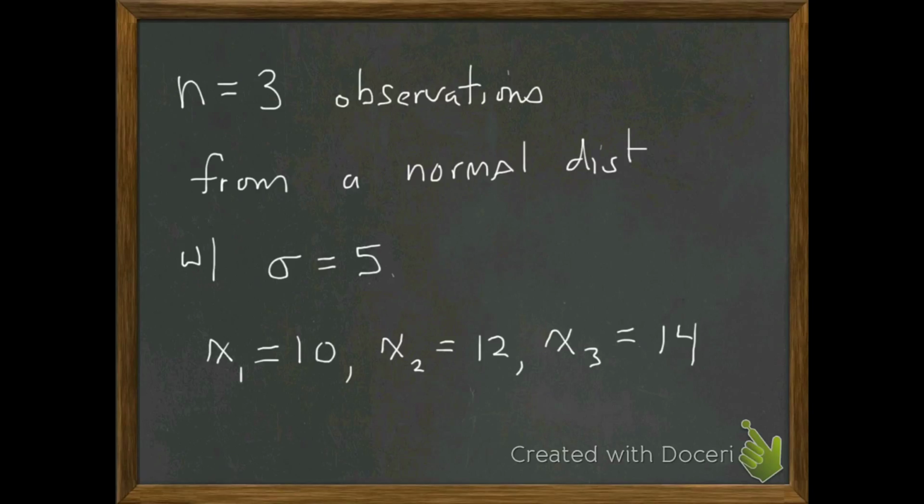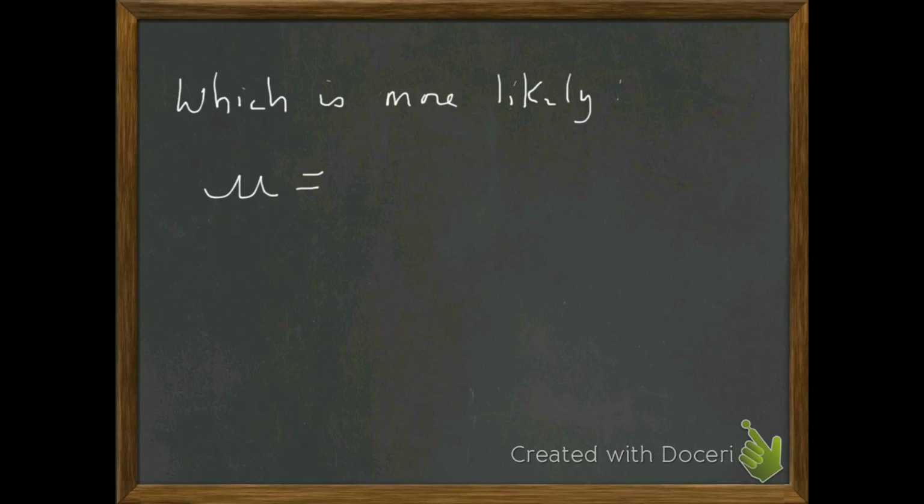Now, the underlying question, which is more likely? To have drawn this data from a distribution with mean equal to 9, or a mean equal to 13.